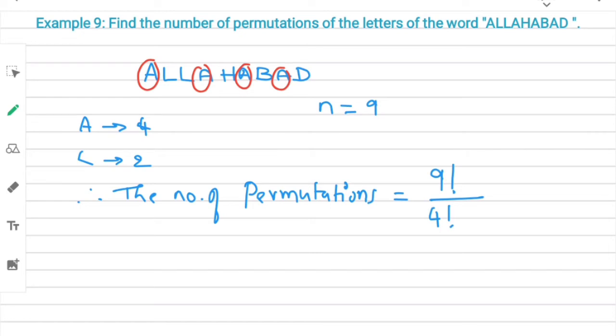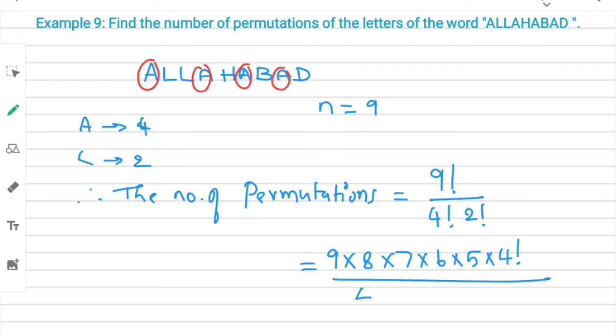Now we have to expand this 9 factorial: 9 into 8 into 7 into 6 into 5 into 4 factorial.